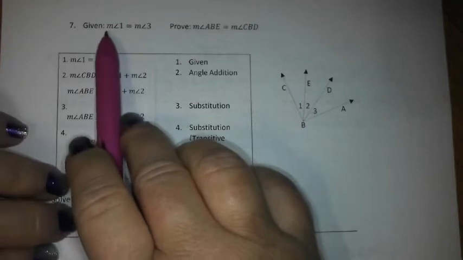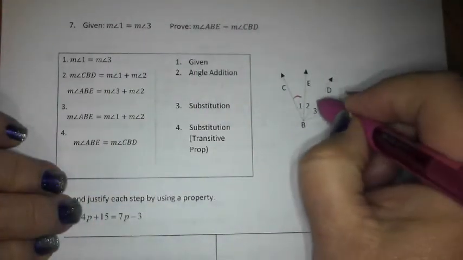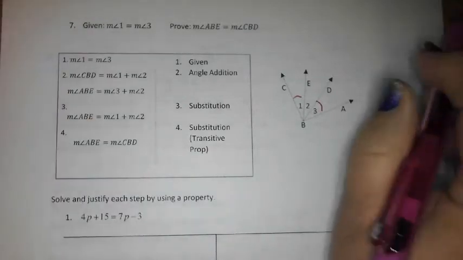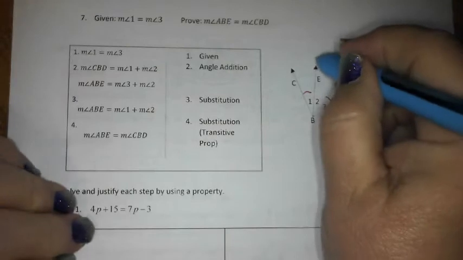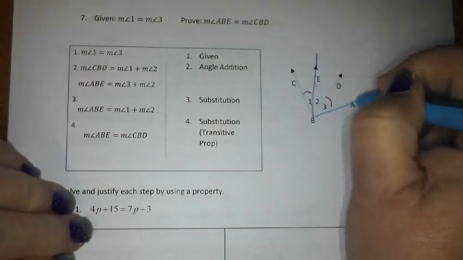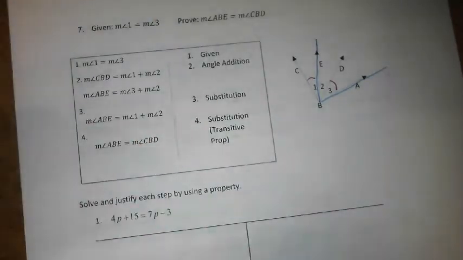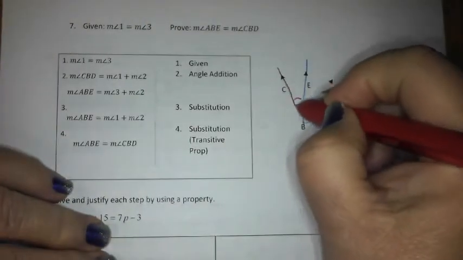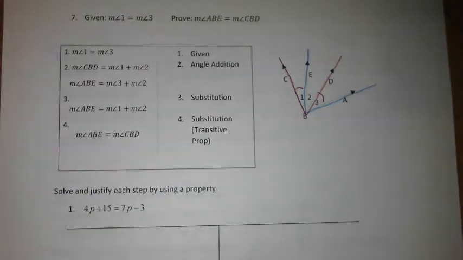So we start here. They told us that angle 1 was congruent to angle 3 in this picture. And then they want us to prove that angle ABE, this one right here, is congruent to angle CBD, this one right here. So that's our job for this proof.